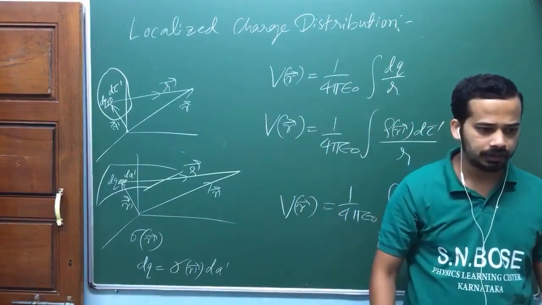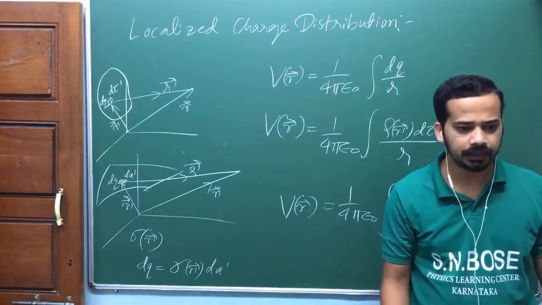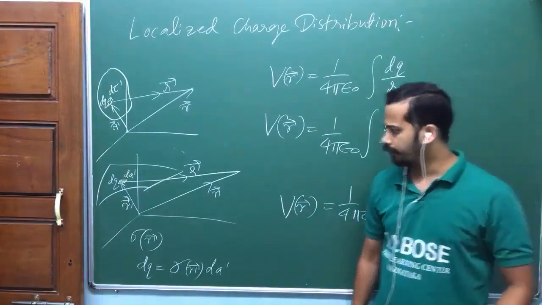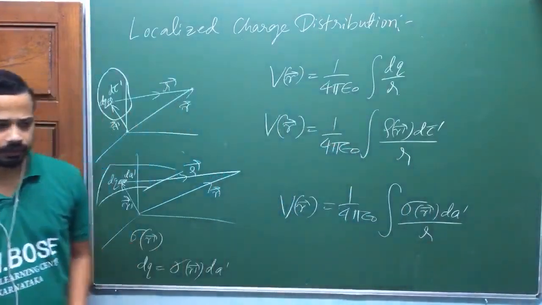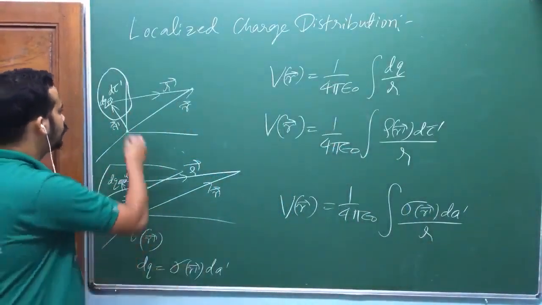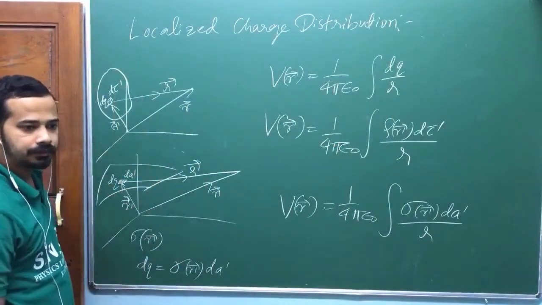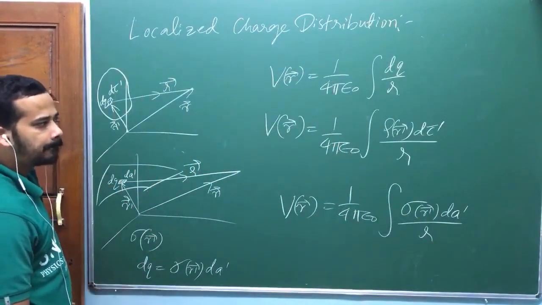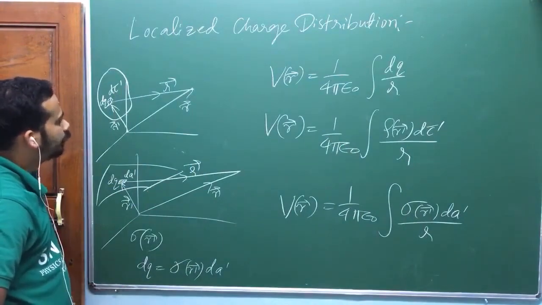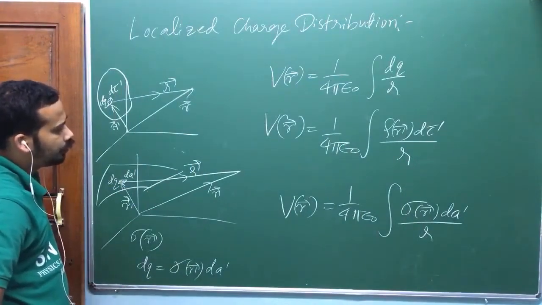The volume charge density may be a function of r prime. Why not? When you move to a different point, you may have a different charge density. But sir, for infinitesimal purposes it is different, but if we consider the whole case, then it is a function of rho of r prime.